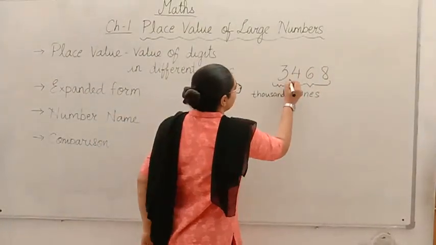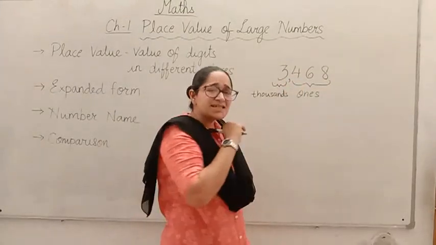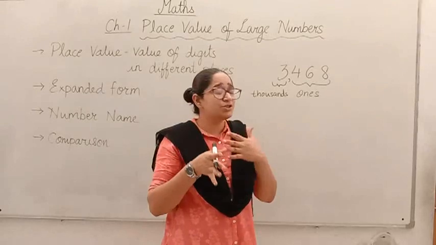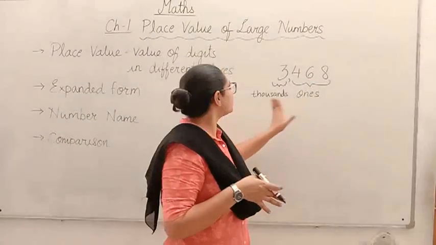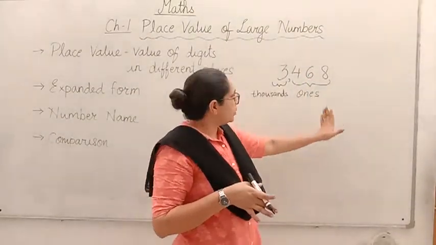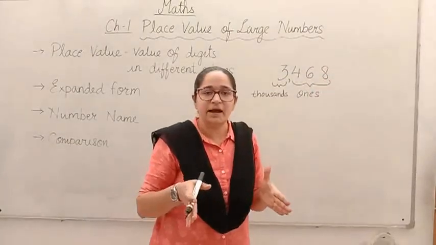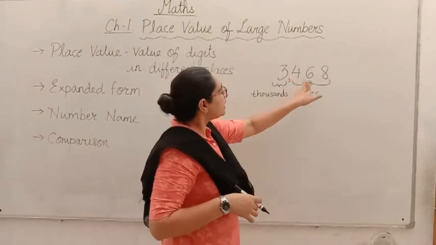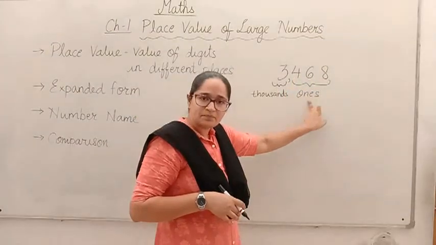Now, when I write a huge number, say 5 digit, 6 digit, it is very important that you put a comma in between. Now, this comma would be put to distinguish or differentiate between these periods or groups. Okay? So, in our Indian system of numeration, we have 3 digits in the ones group.